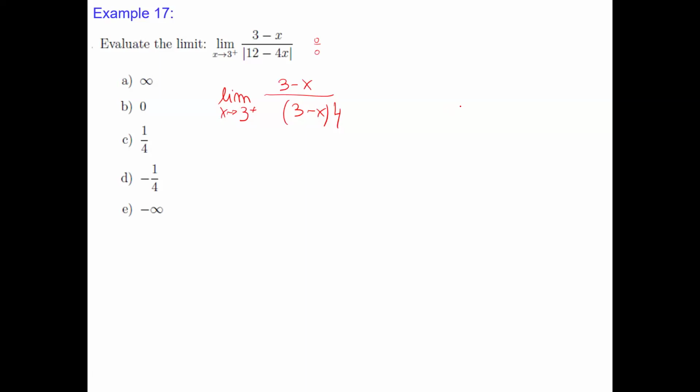Okay, let's check. 3 minus x times 4. This is 3 from the right-hand side. Times 4, of course, will not change the sign. 3 minus 3.01 is a negative quantity.